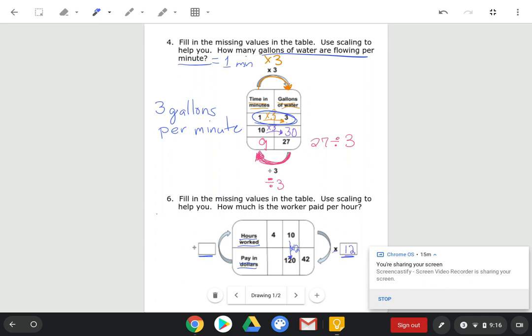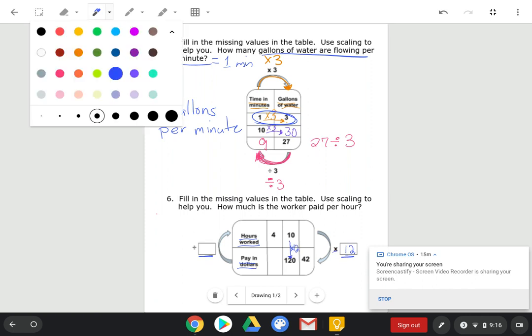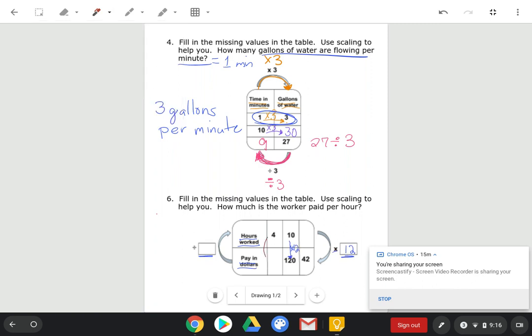All right. So now that we've established the fact that we're multiplying by 12, we can use that on the 4 too. If we just take the 4 and multiply it by 12, that'll tell us how much this person gets paid for working 4 hours. 4 times 12 is 48.